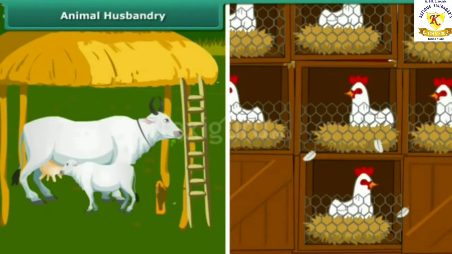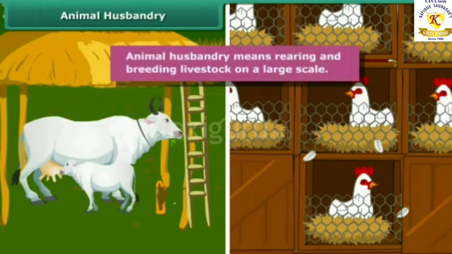They are provided with proper food, shelter, and care so that they provide us healthy food to eat. So, this process is called animal husbandry. In other words, we can say that animal husbandry means rearing and breeding livestock on a large scale. Understood?